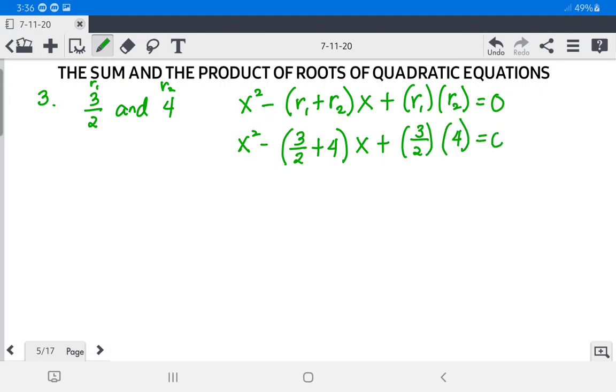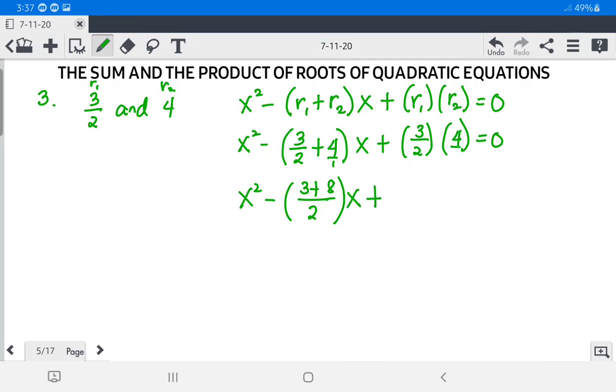So we have x squared minus, so 3 over 2 plus 4, that is, we get the LCD 2. 2 divided by 2, 1 times 3, we have 3. Plus, denominator of this is 1. 2 divided by 1, 2 times 4, we have 8. Then x. Plus, denominator of this is 1.